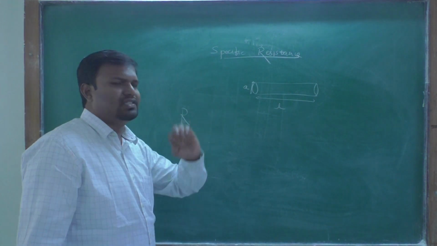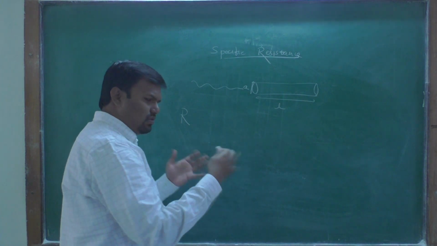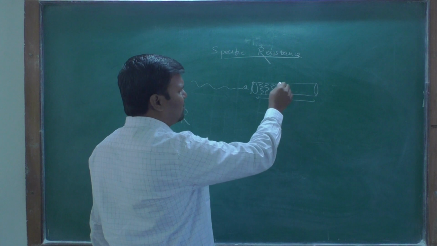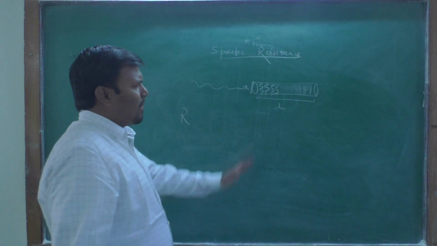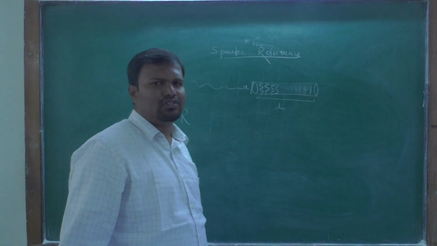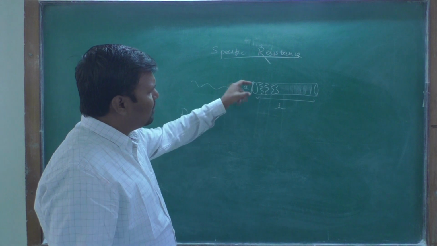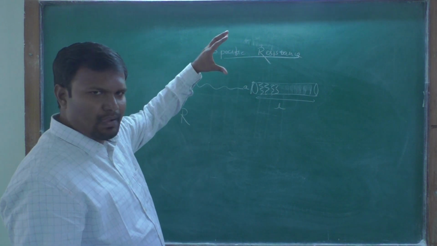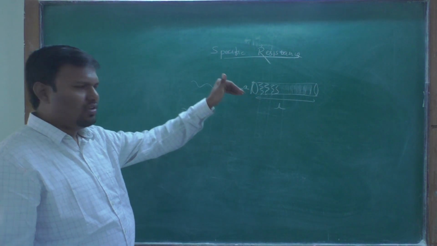If current moves through this metal, as you increase the length, there is some resistance. As length increases, resistance also increases. If the cross-sectional area increases more and more, then the passage for the entering of the electrons increases.